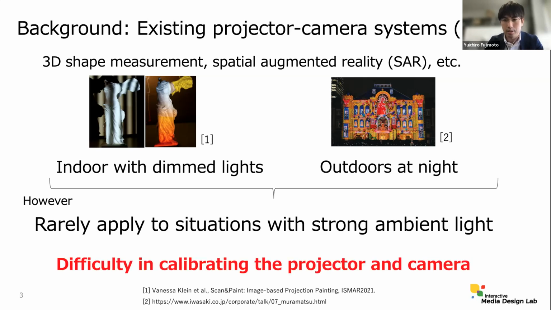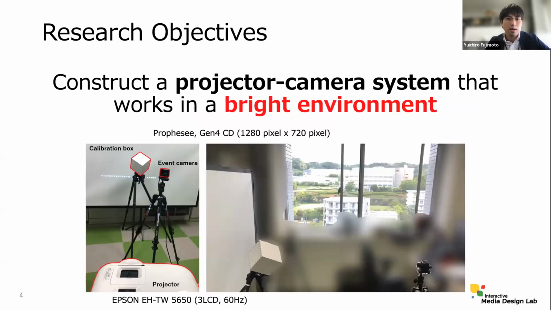But another reason is the calibration and resolution issue between the projector and the camera, I think. In ProCams, the pixel-based correspondence is often obtained by observing the structured light of the projector with the camera, and this becomes difficult due to the interference of ambient light. So we will focus on solving this problem.